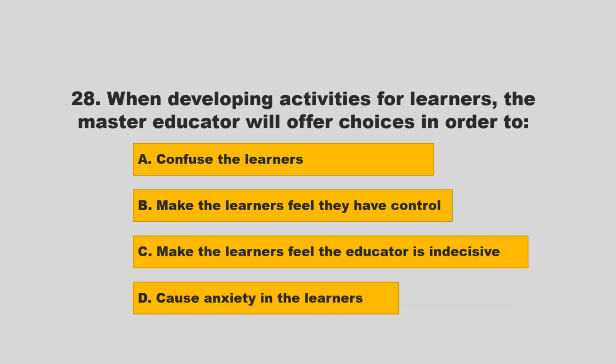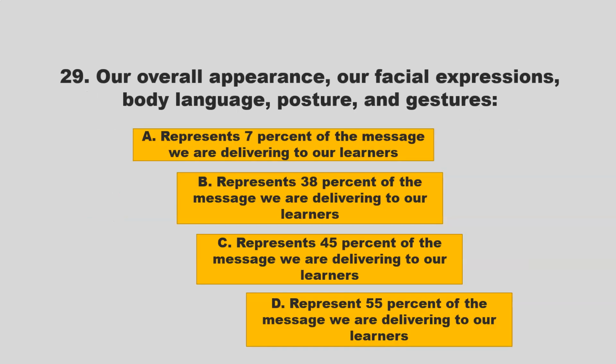When developing activities for learners, the Master Educator will offer choices in order to confuse the learners, make the learners feel they have control, make the learners feel the educator is indecisive, cause anxiety in the learners. If you chose B, make the learners feel they have control, you are correct.